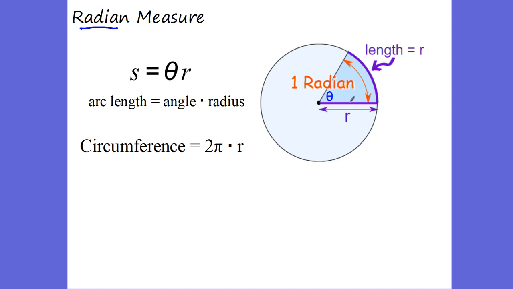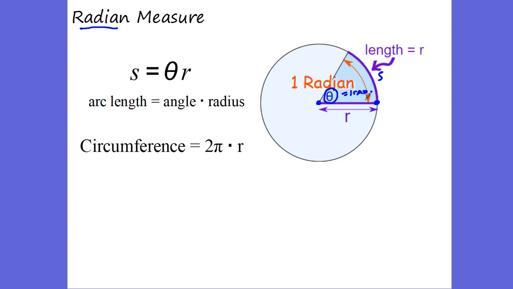If you take the radius, the distance between this point and the center, and the arc length, this side S right here, is the exact same length as the radius, then we call that specific angle 1 radian, or RAD.